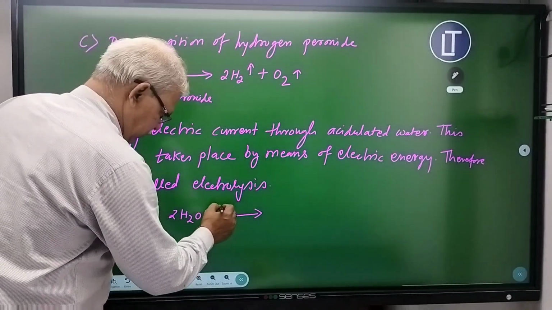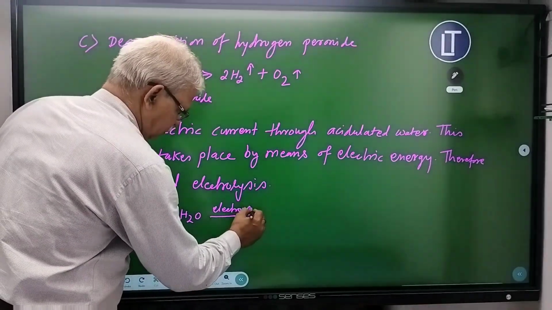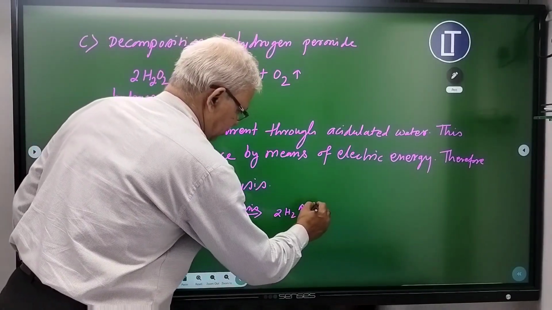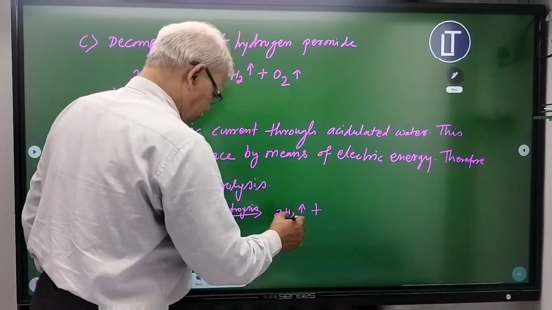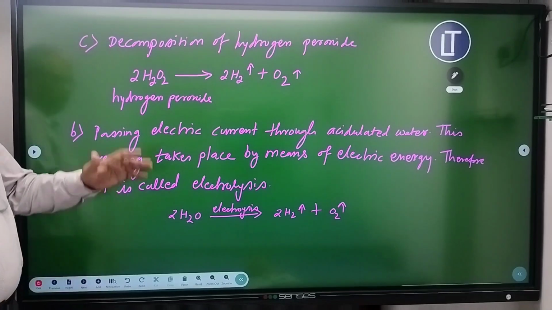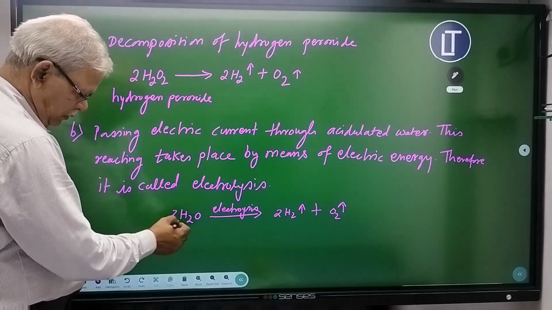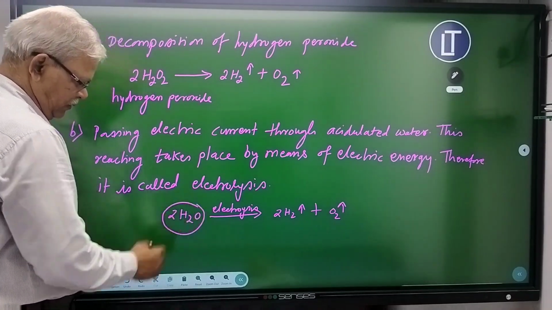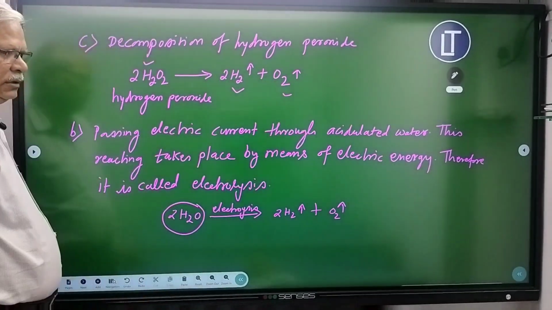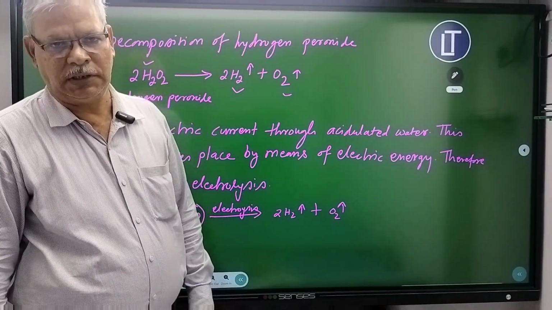Here water undergoes electrolysis and forming hydrogen gas liberated on one electrode and oxygen on the other. Now see, in all the reactions from one reactant we are getting two products. Okay? Such reactions are called the decomposition reaction.